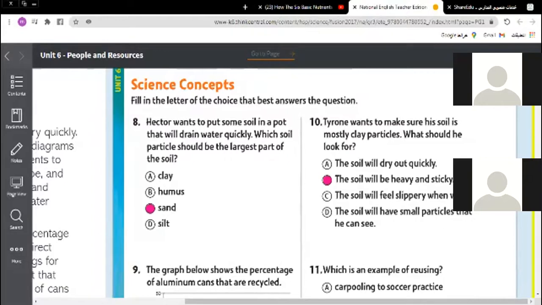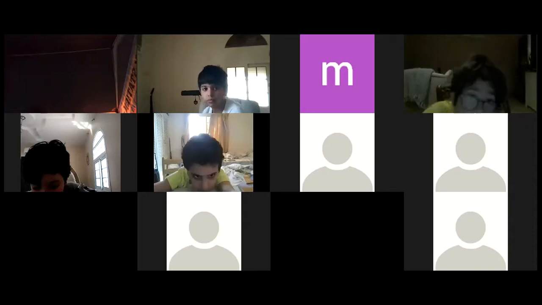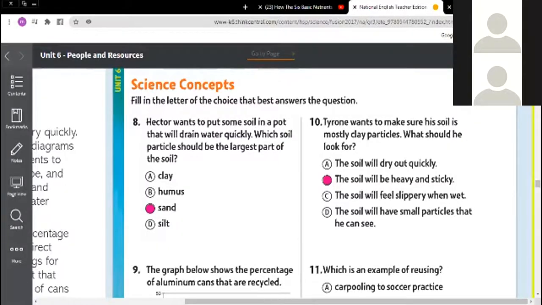Wait, the screen is very big for me. It's not clear. Okay, now it's good. But it's blurry.